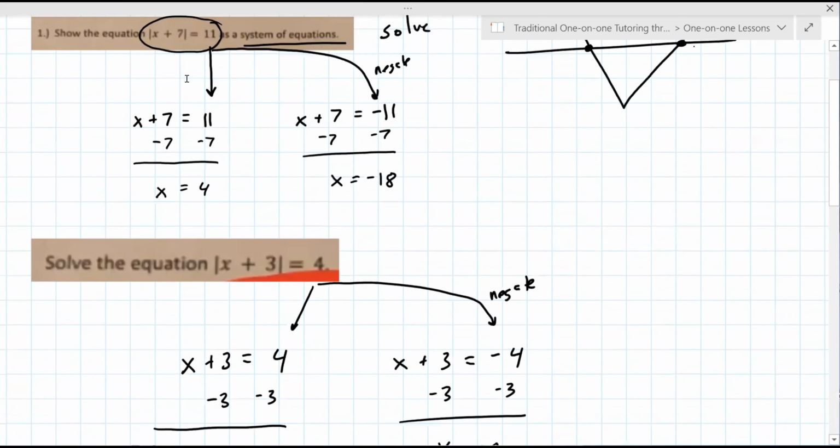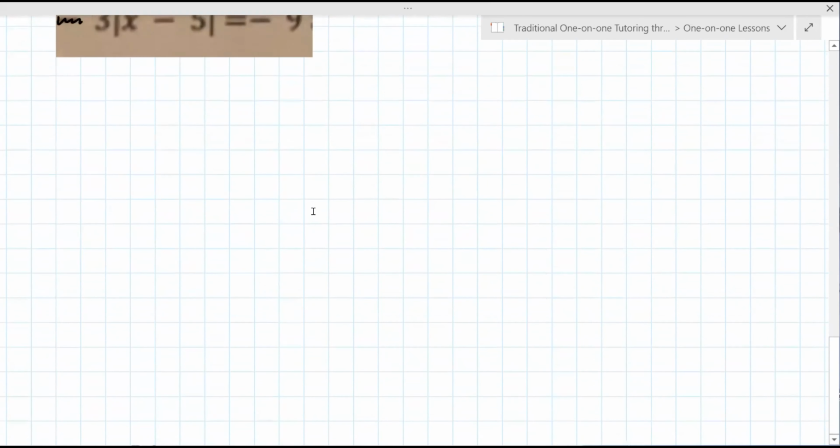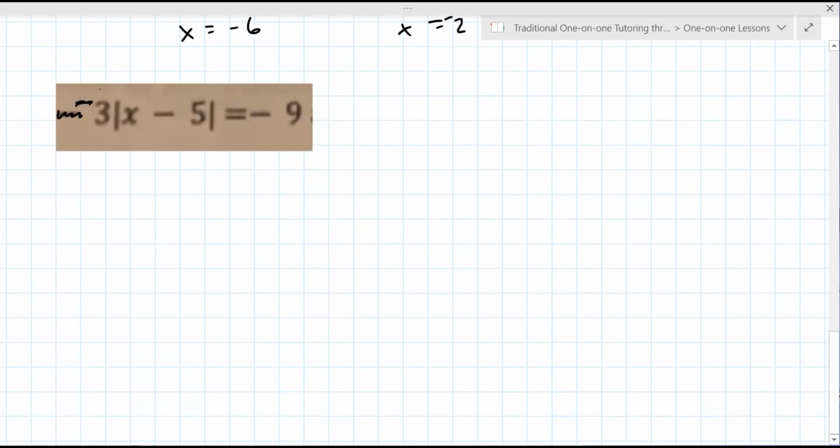Here in this problem, there's this -3 out in front. You have to undo that first. You have to undo multiplication, division, addition, and subtraction. You have to do all of that and then make a decision.